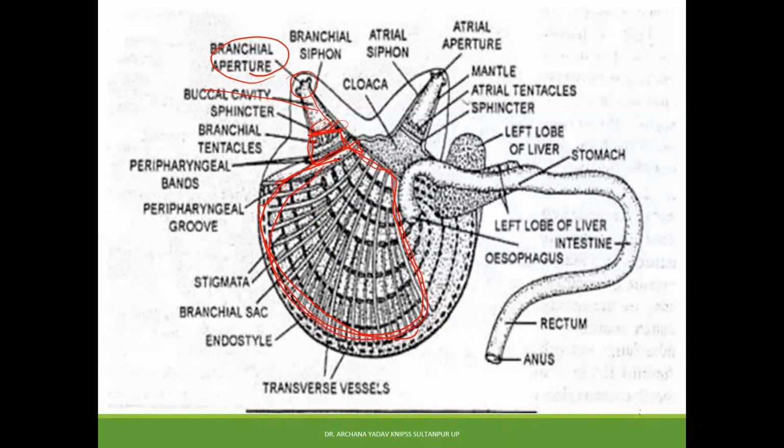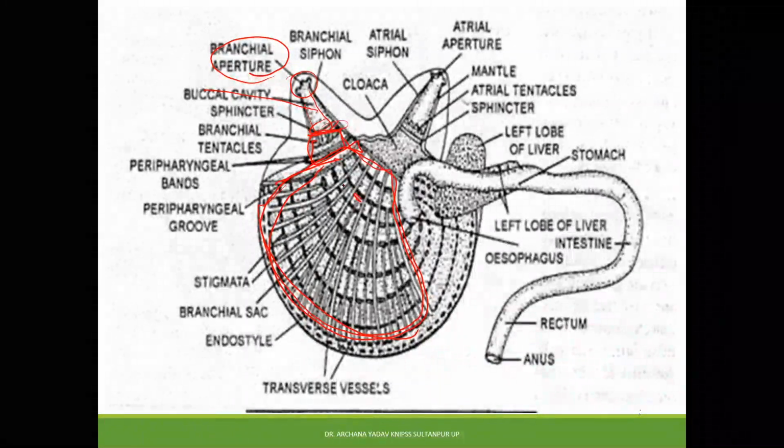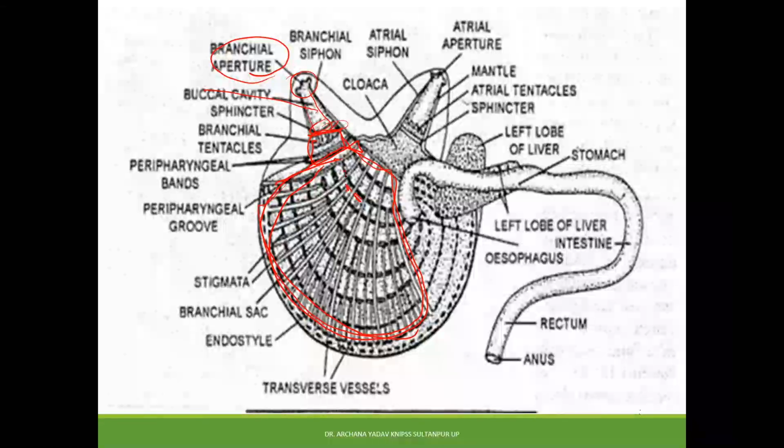The next region is the branchial sac region. It is the largest portion of the whole body of Herdmania. In this portion, you can see the black color, actually these are the stigmata, or gill slits, arranged in a transverse manner.